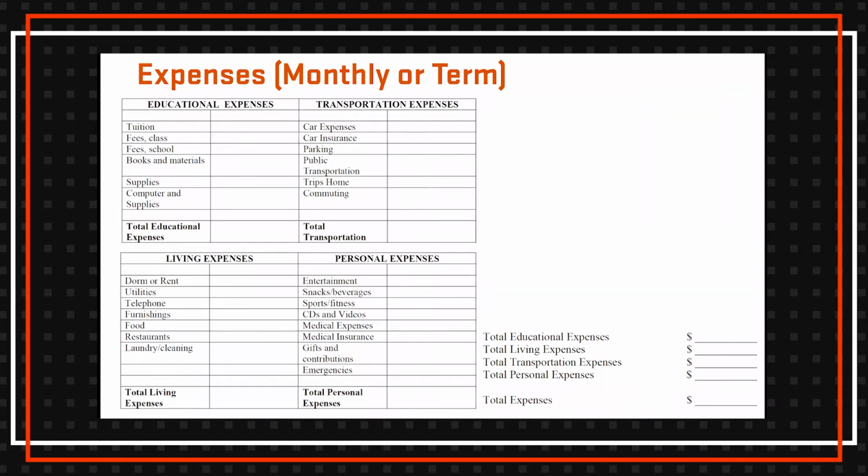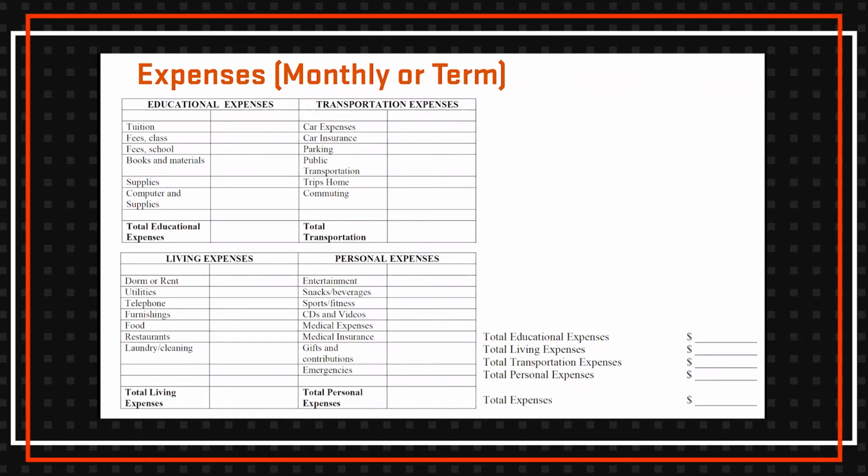It's really important for students to understand what their financial situation looks like. And the first thing they should really do is try to project and track their expenses. And this includes, like we previously showed, tuition, any other fees, books and materials that they might have to spend some money on, supplies, technology, and just have a total educational expenses category, like you see in this example.